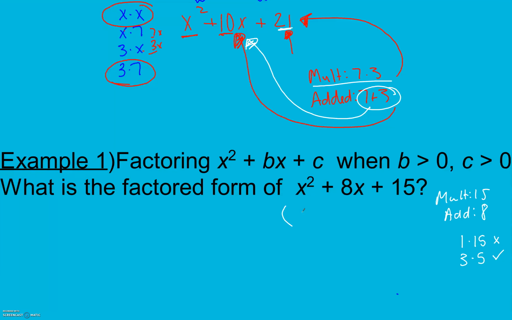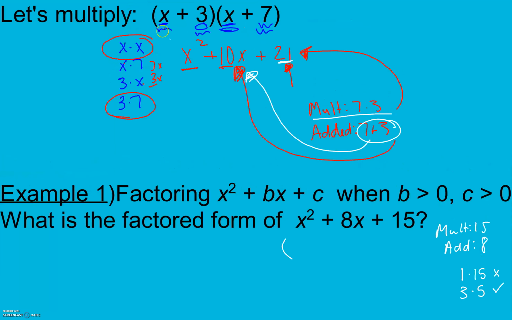And just like above, when I multiplied to x squared by taking an x times an x, we're going to do the same thing here. So to get to x squared, we're going to take x times x. To get to 15, we're going to multiply to 15 and add to 8. Because there's more than one set of numbers that multiply to 15, they also have to add to that middle.